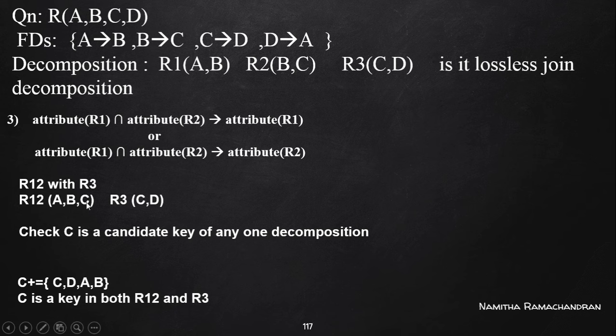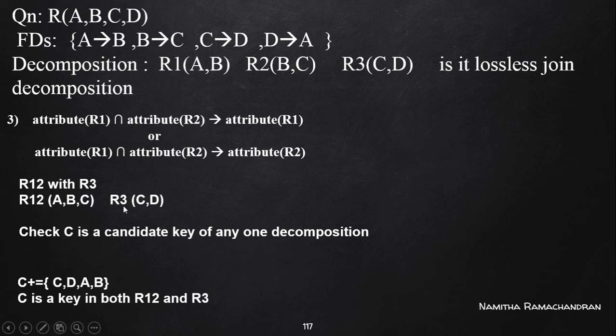It means using the value of C, we can derive the values of A and B uniquely, because A and B are present in the closure set of C. So C forms a candidate key in relation R12. That is enough for our third condition.